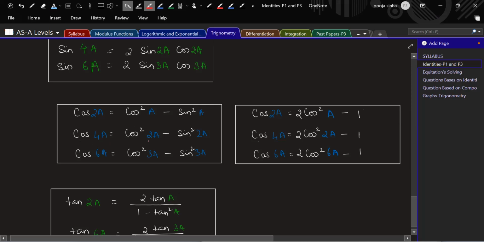So cos 4a is cos square 2a minus sin square 2a. Very good. And 6a होगा तो क्या होगा? Cos square 3a minus sin square 3a.